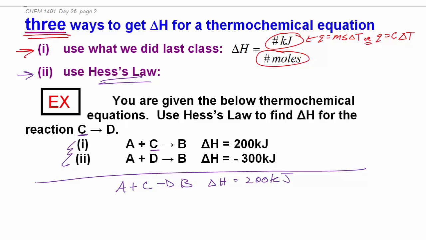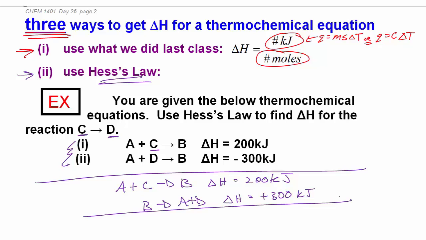Reaction 2: D has to be on the product side with a stoichiometric coefficient of 1. That means we pretty much just flip reaction 2. So we'll have B going to A plus D, and our enthalpy is a positive 300 kilojoules because we flipped it. Now if we did this right, everything should add up and we'll get the right answer.